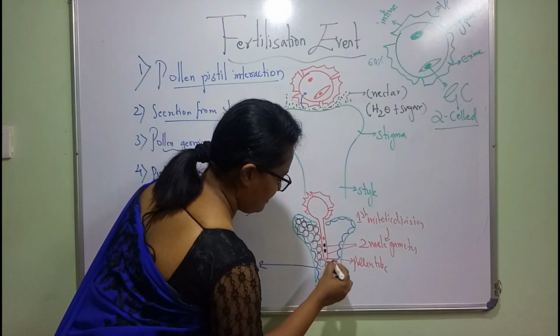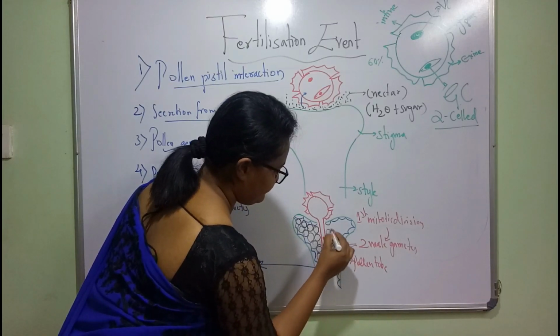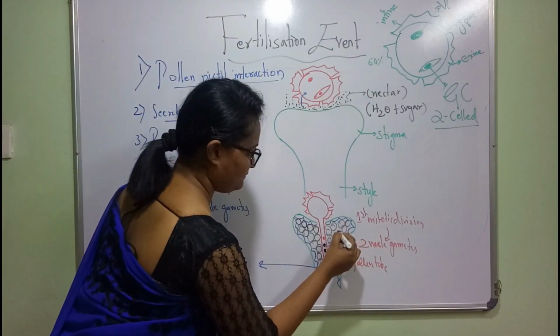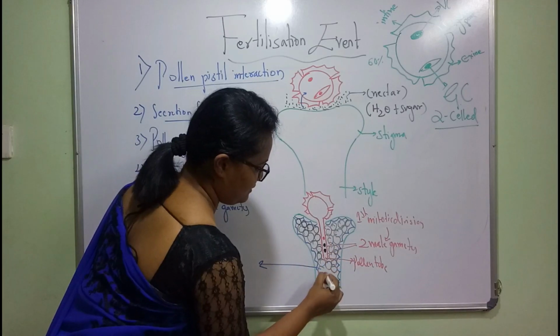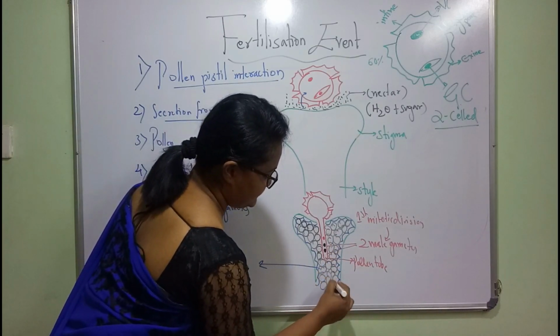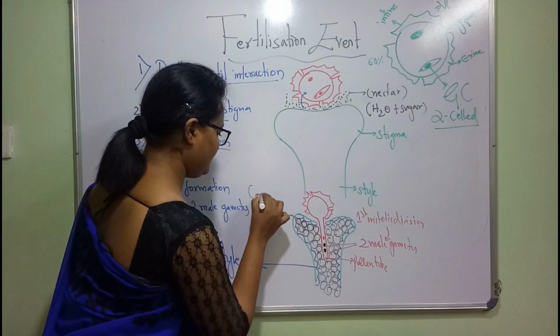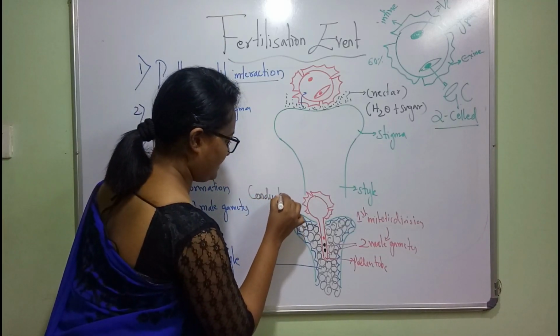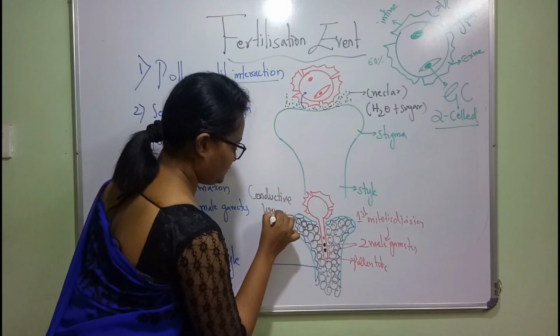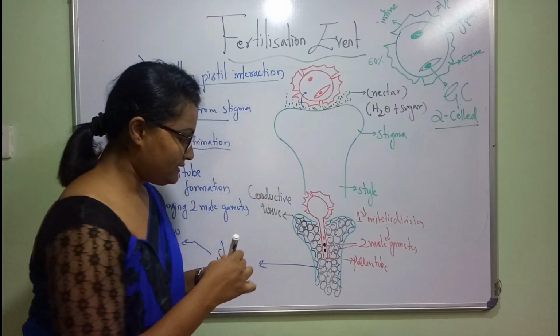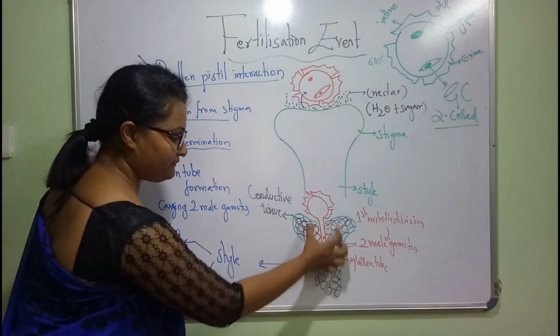A lot of cells, and these cells are called conductive tissue together. So if the style is solid, it will look like this.